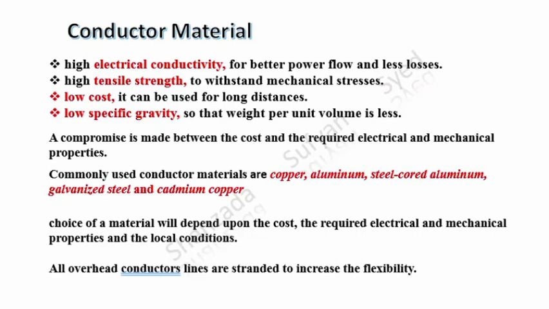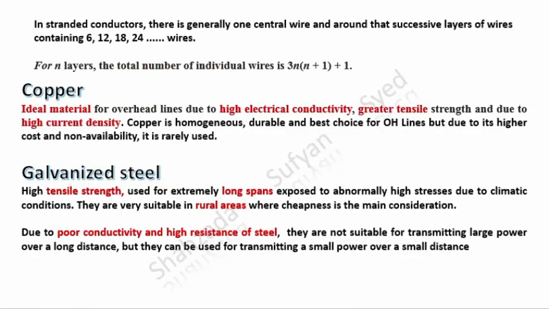All the overhead conductors are stranded, and this stranding is done to increase the flexibility. In stranded conductors, there is generally one central wire, and around that central wire there are layers of wires, which can be 6, 12, 18 or 24.